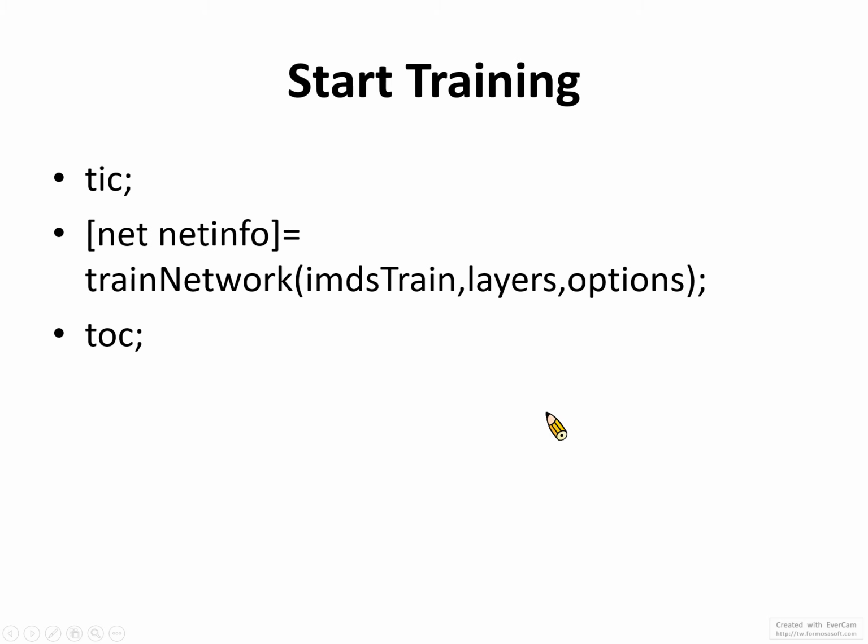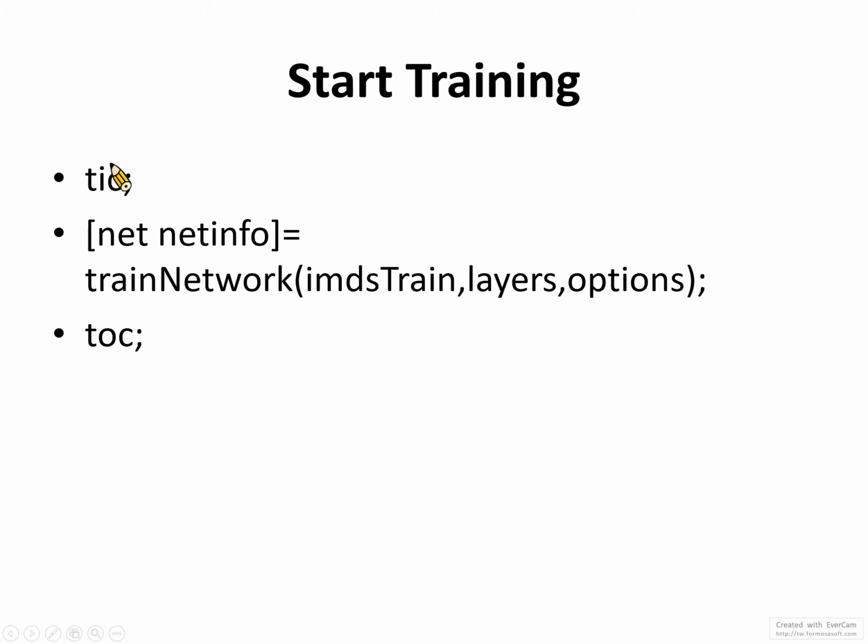Imagine that you already input all those codes, then you can start the CNN training, and it's very simple. Just use the trainNetwork function and specify the layers and options, and you can start the training. I also attached two codes here, which are tic and toc. Tic toc means that you count how much time has passed during these codes.